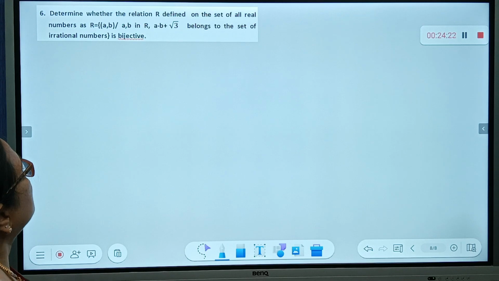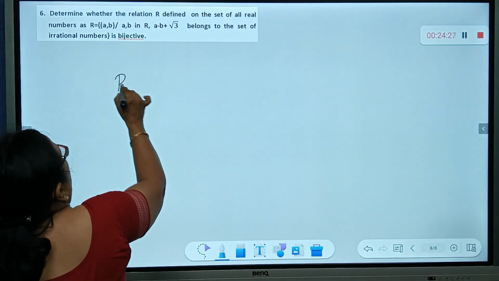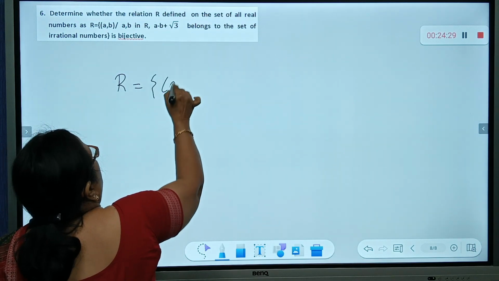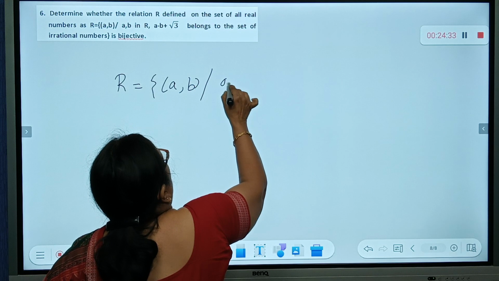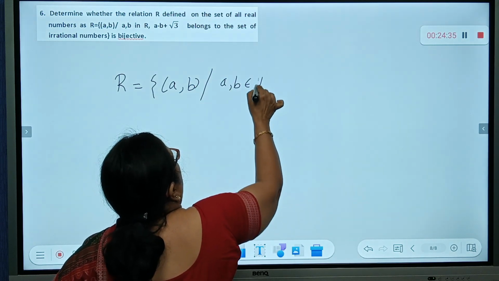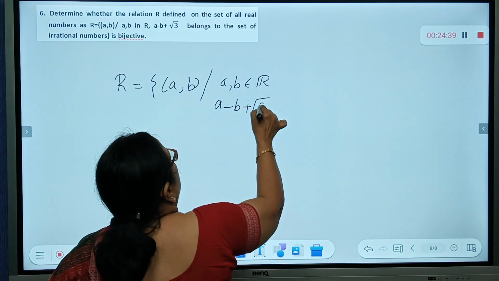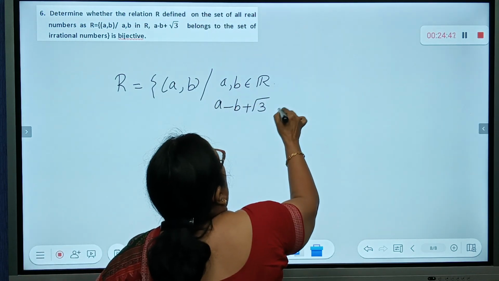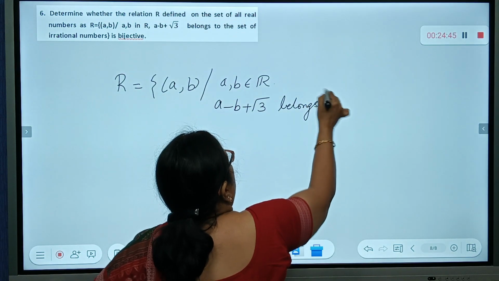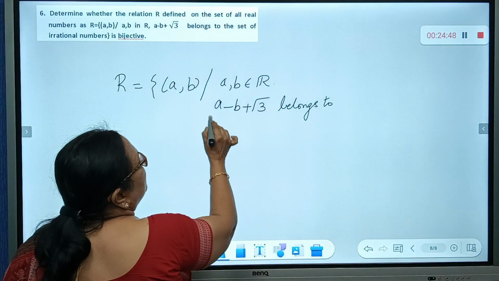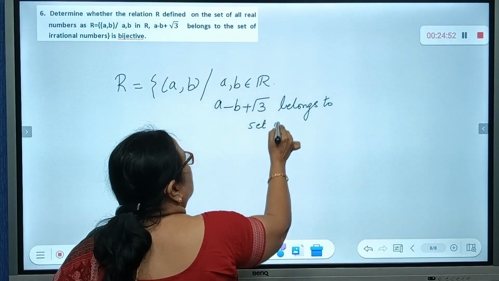Determine whether the relation R defined on the set of all real numbers, R equal to the set of all a comma b such that a comma b belong to R, and a and b are related if a minus b plus root 3 belongs to the set of irrationals.